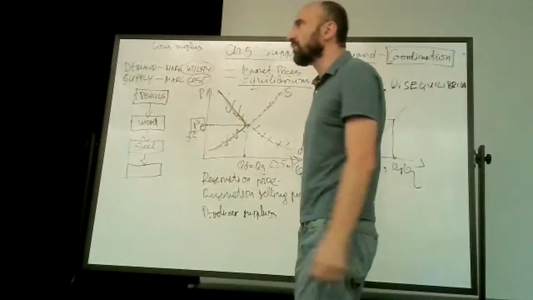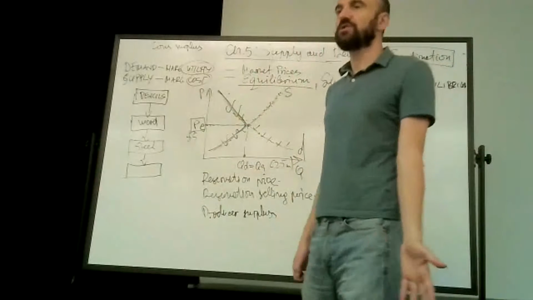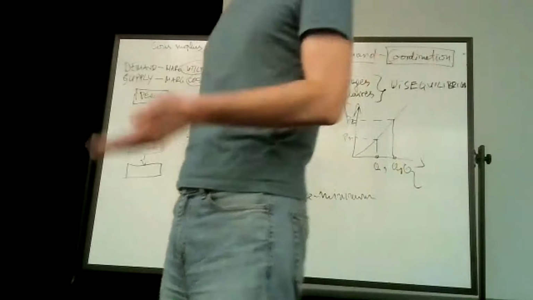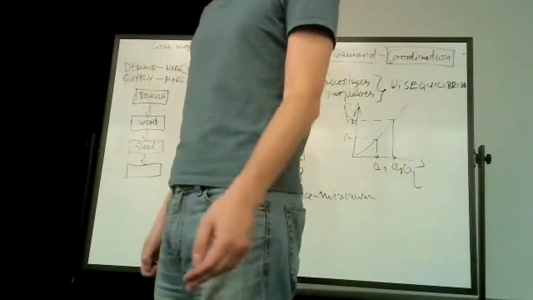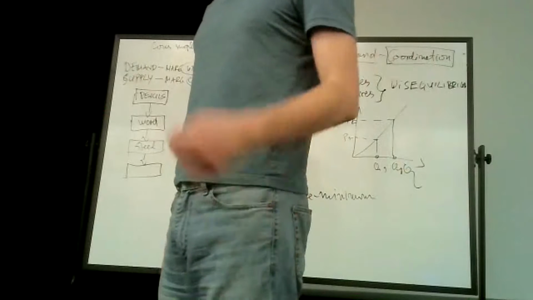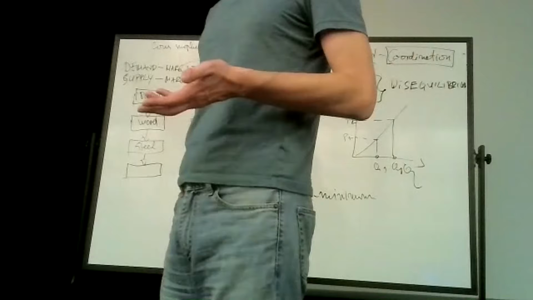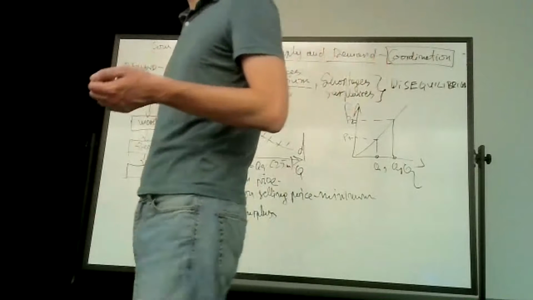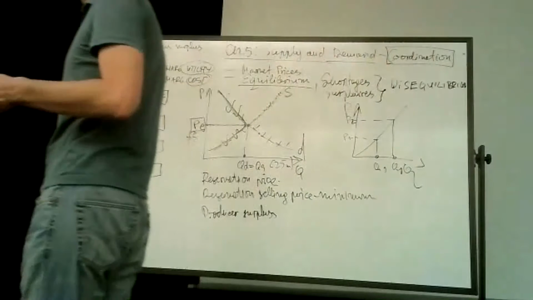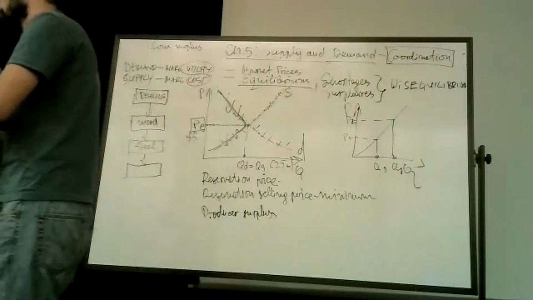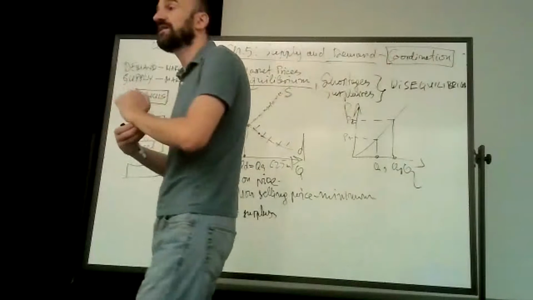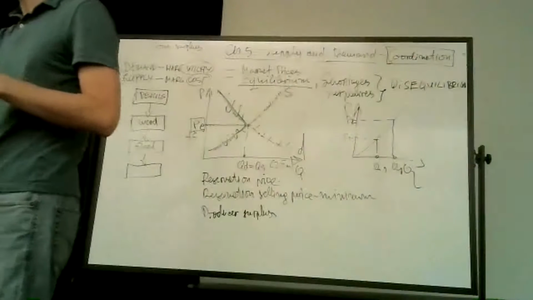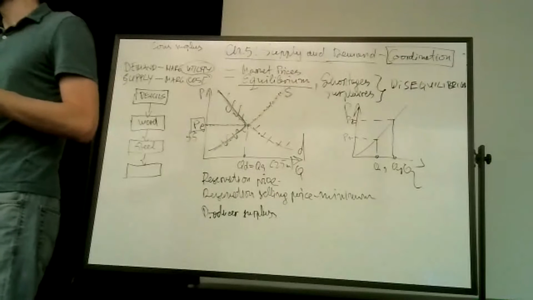So what is market equilibrium? Market equilibrium is a situation in which supply equals demand and where people's preferences are constant. So you shouldn't think about market equilibrium as some permanent state of affairs. It's typically a temporary and short-lived phenomenon. That's a situation where nobody does anything new, or everybody does the same thing that they used to do before.